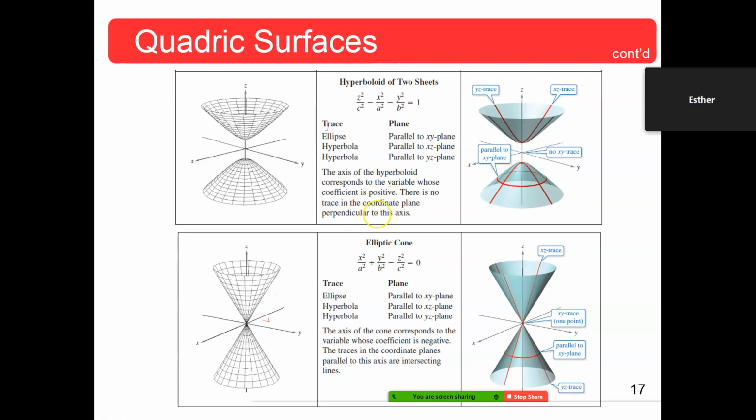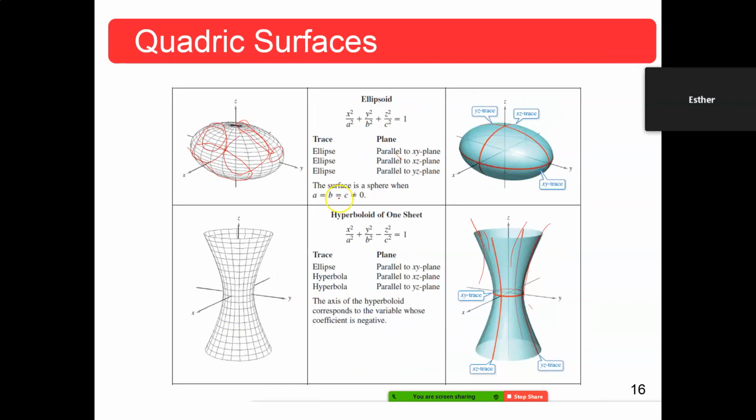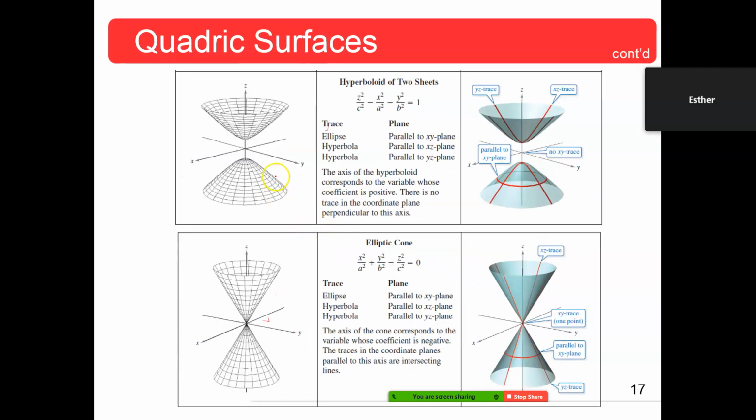The only way that the X, Y, and Z could be 0 is if that's equal to 0. So that point 0, 0, 0 is on that curve. Notice that is not on your ellipsoid, it's not on your hyperboloid of one sheet, nor is it on the hyperboloid of two sheets. 0, 0, 0 can't exist in any of those other forms.